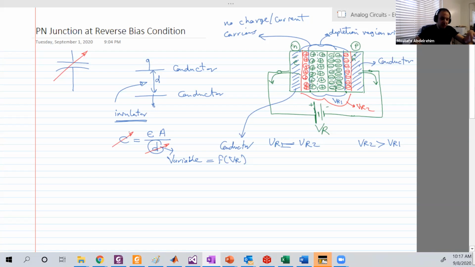So this well-known application of the PN junction in reverse bias condition is called a Varactor, which is just a PN junction controlled using the reverse bias voltage.